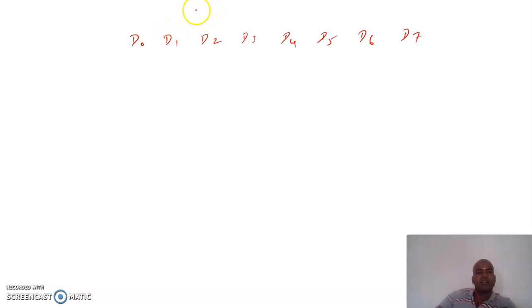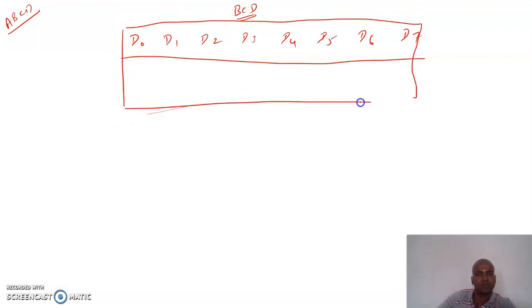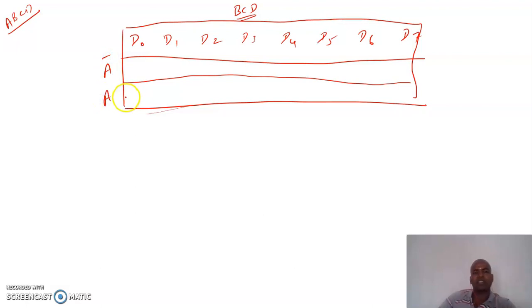Here let us take 4 inputs A, B, C, D. Of these, I am going to consider B, C, D as selection lines and A as the input. So this one I am going to consider as A bar and this one as A. Let's write all the combinations from 0 to 15.